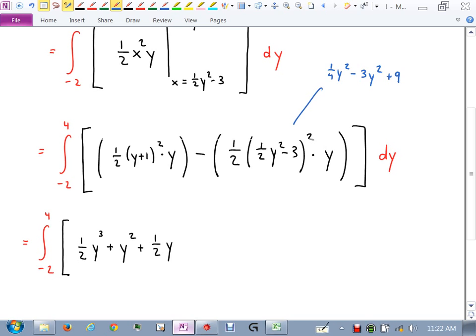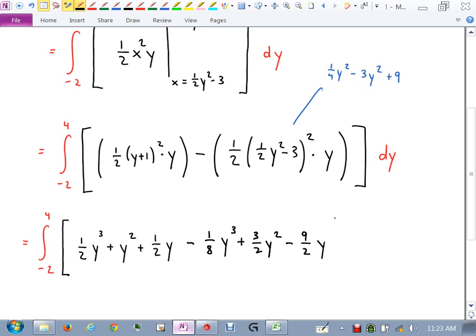Yes, that's just this squared. Then times y, then times 1/2. And then subtract each one of them. So this is going to become minus 1/8 y cubed plus 3/2 y squared minus 9/2 y.